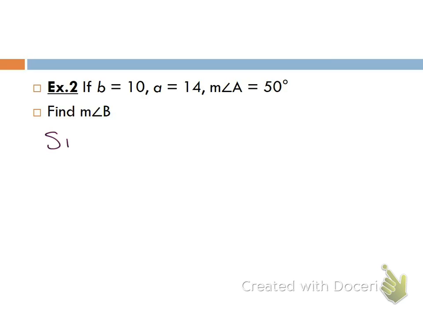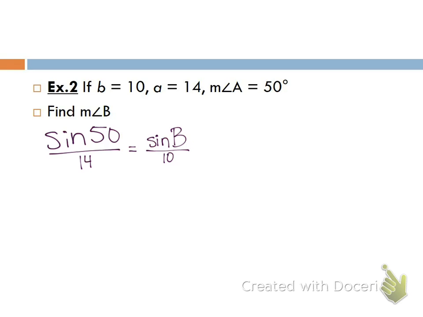The sine of 50, that's what they gave us for angle A, divided by 14 because that's side A. Okay, so sine of the angle divided by that side is equal to sine of B, angle B is the one we're trying to find, divided by 10.